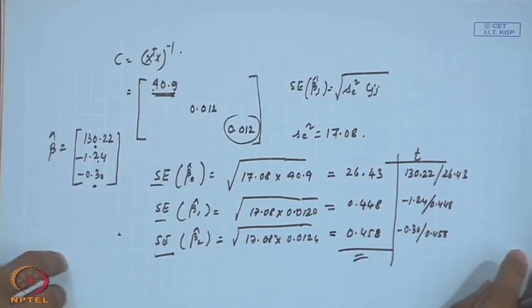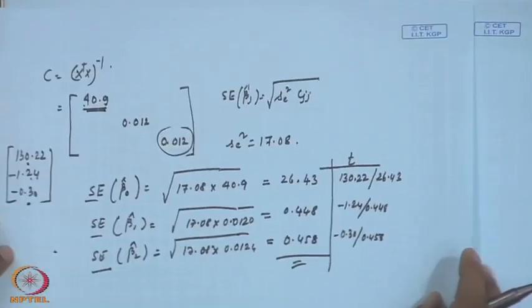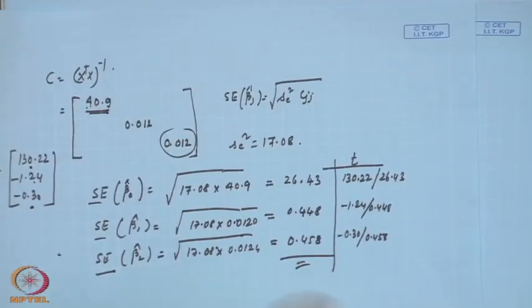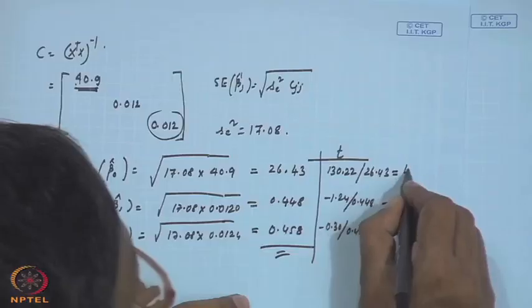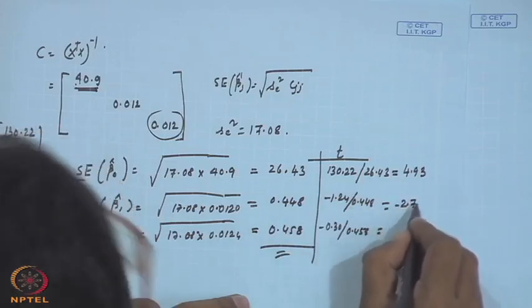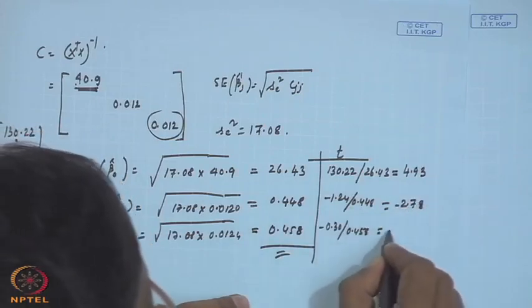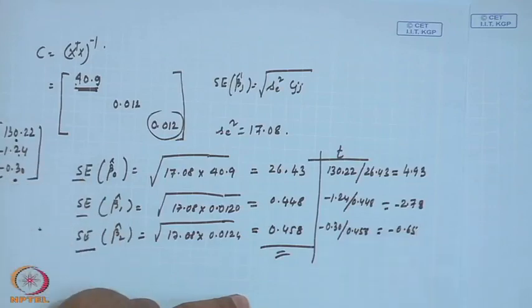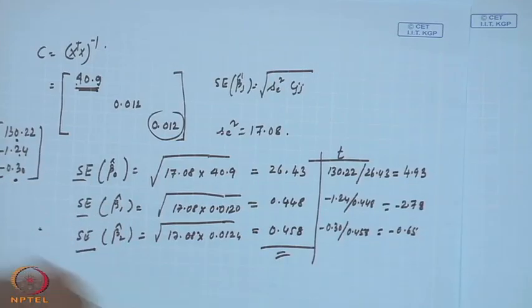And the expected value under H0 you are taking as 0. H0 is saying that beta j equals 0, and then all these values will become 4.93, this is minus 2.78, this is minus 0.65, correct.